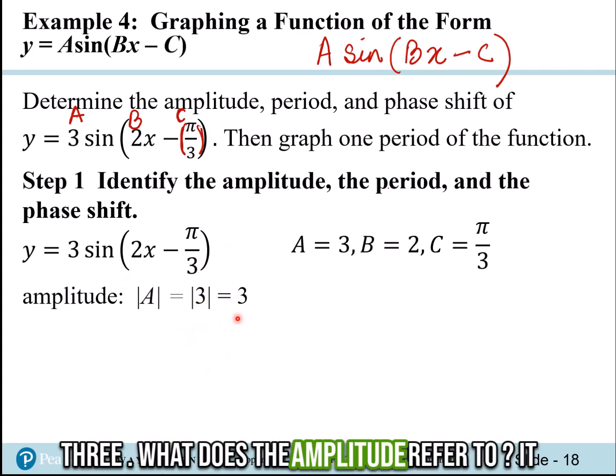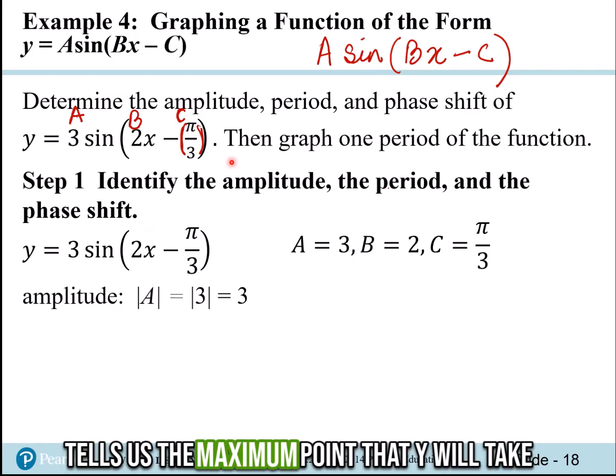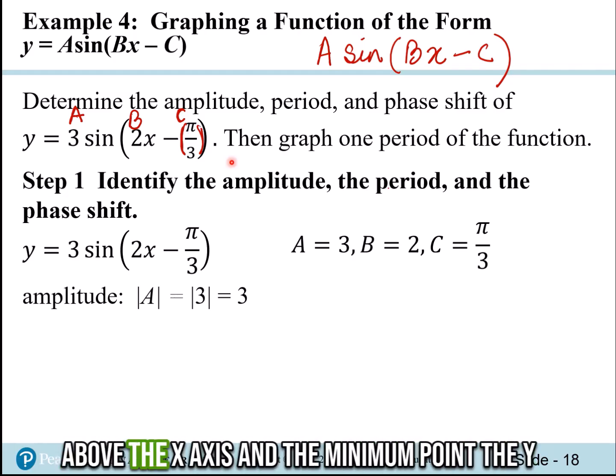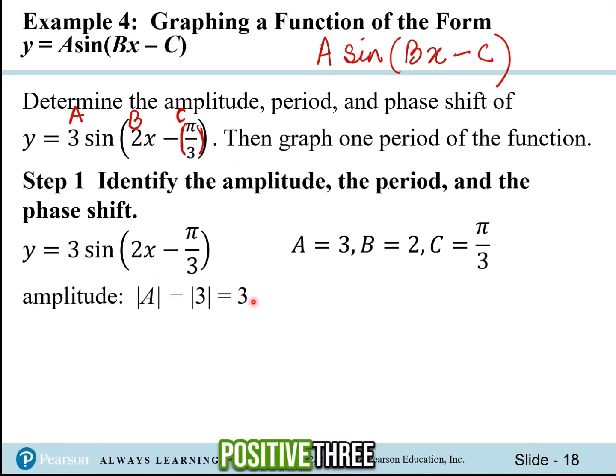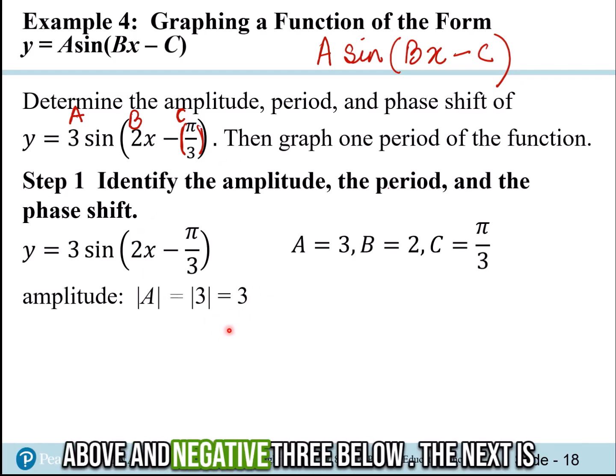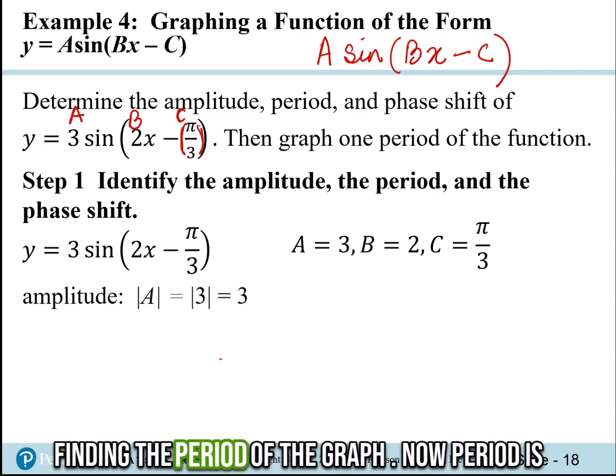What does the amplitude refer to? It tells us the maximum point that y will take above the x-axis and the minimum point that y will take below the x-axis. And that will be positive 3 above and negative 3 below. The next is finding the period of the graph.